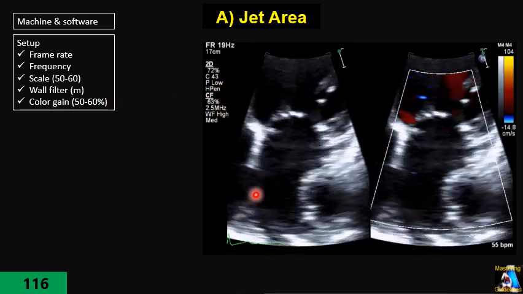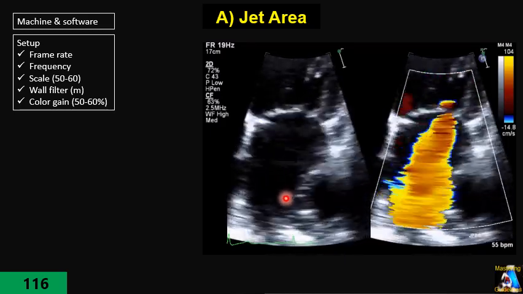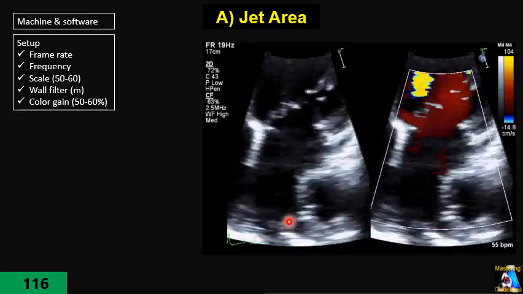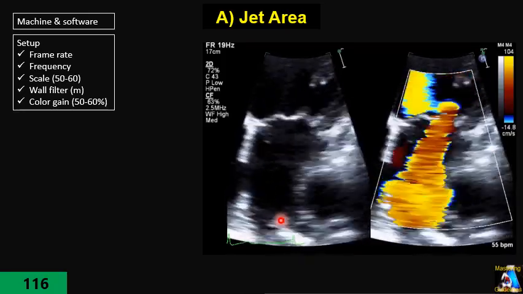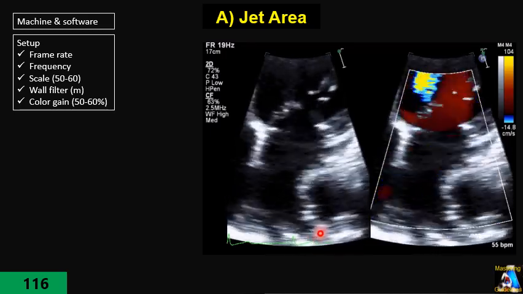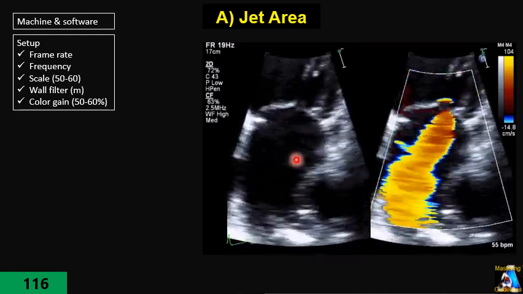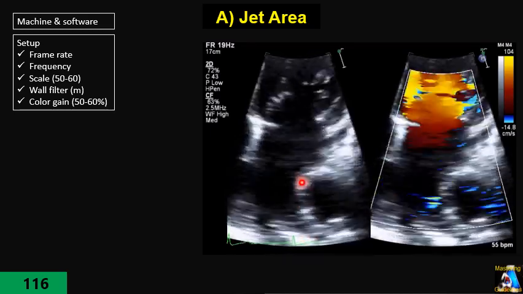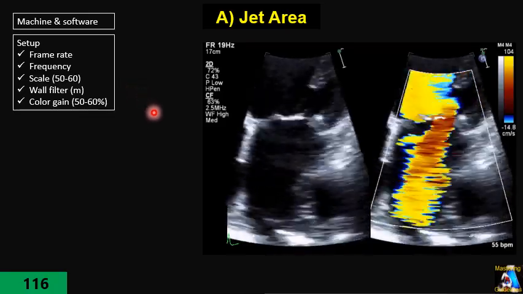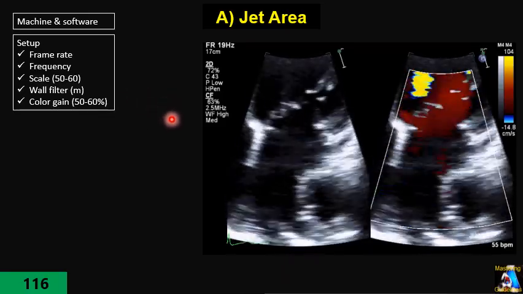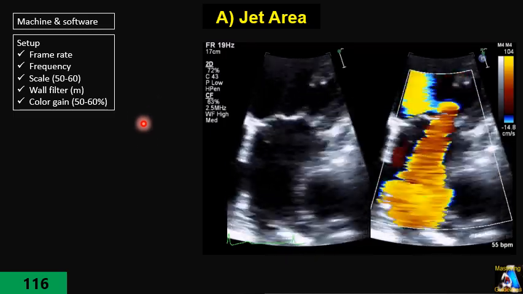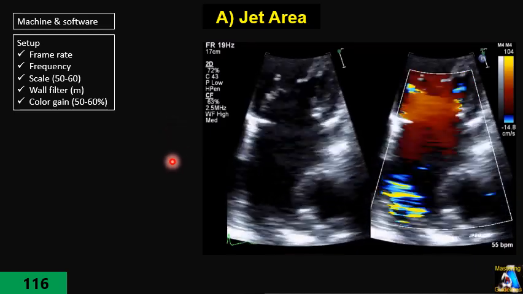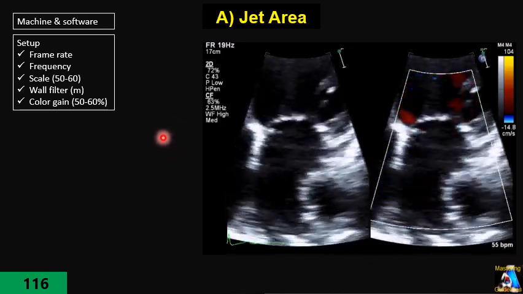Generally speaking, when you are using color Doppler, you always have to set the scale or PRF according to the level and depth of the study, and know the flow velocity at that specific spot. For big, low-velocity valves like the mitral valve and aortic valve, the scale should be around 50 to 60, depending, for adults. For pediatrics we go 70 to 80, again depending on the depth, your machine and frequency.